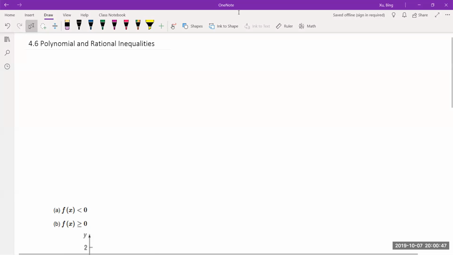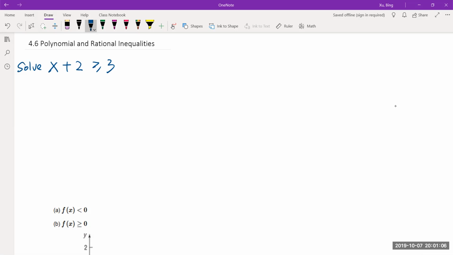Right, 4.6 is about polynomial and rational inequalities. So talking about inequalities, a quick, easy example. Say I have this inequality. What do we mean by solving an inequality?